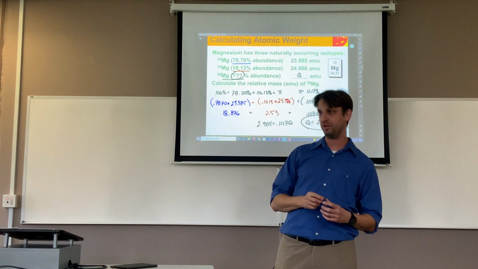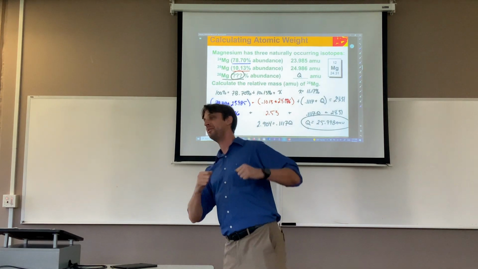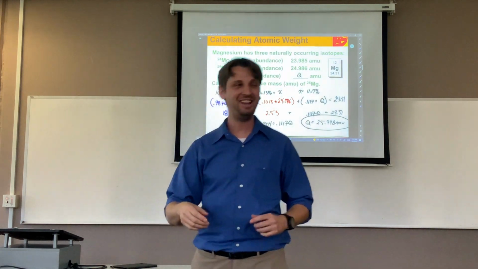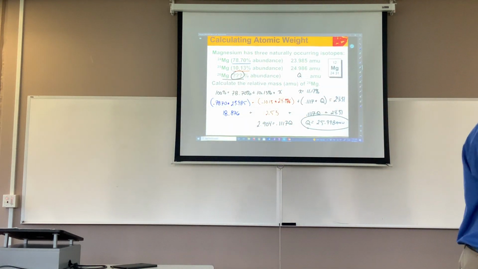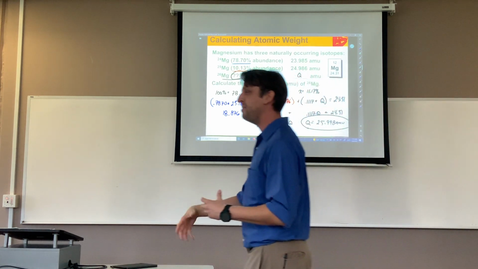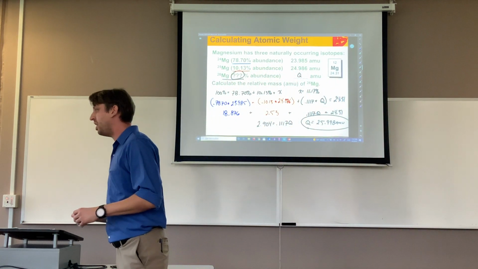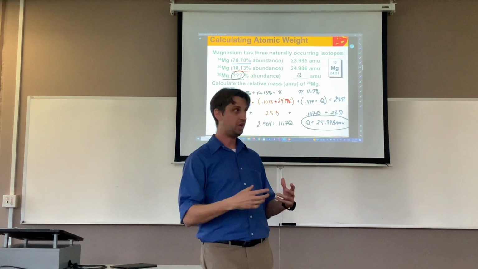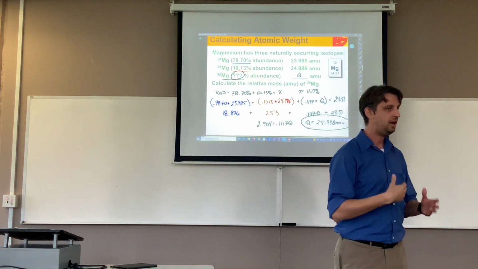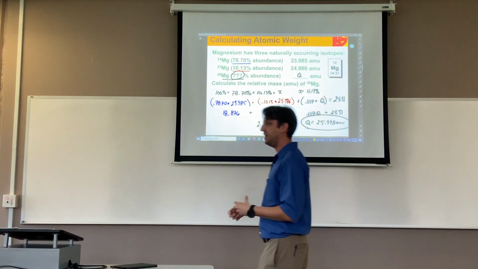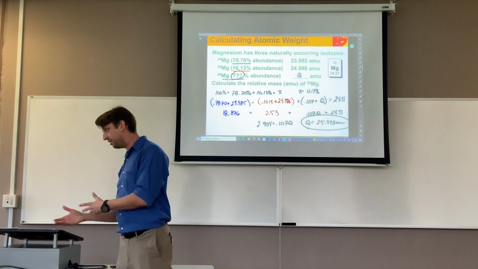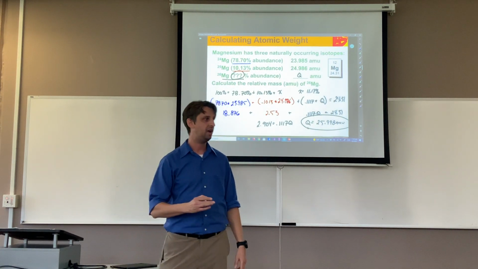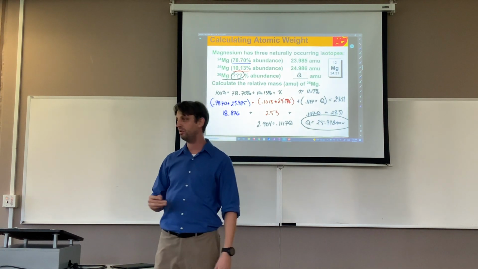Now, the better question would be, how can I get familiar with what makes a logical answer? How do you get familiar with what is a logical answer for a question? Well, that is going through and doing some practice problems, getting comfortable with it, getting familiar with it.